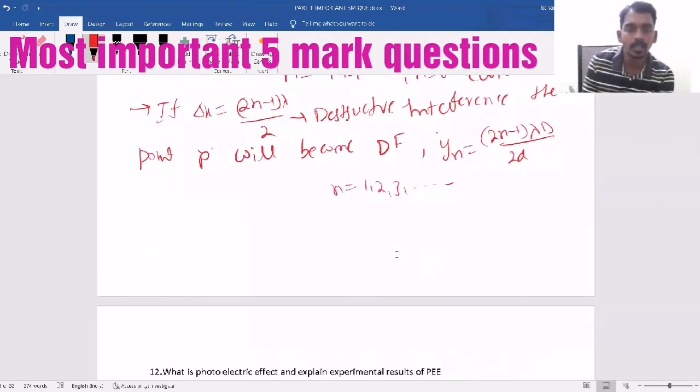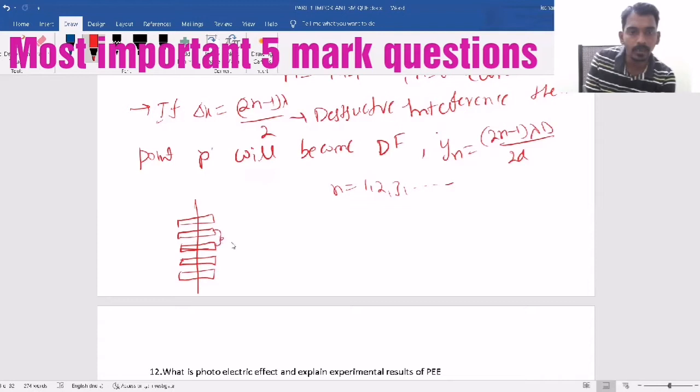Now, when you consider such a fringe pattern, see here, the fringe pattern is like this now. So this is the bright fringe. Now, alternate bright and dark fringes will be there, above and below the central fringe.